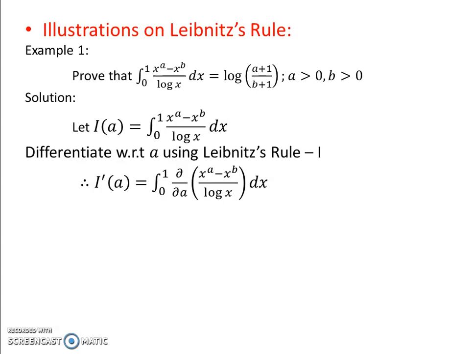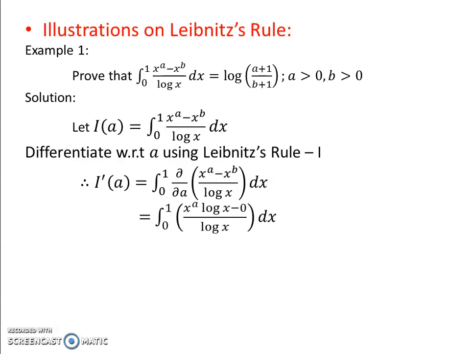This term we are differentiating with respect to a, where b is constant as well as x is constant, because we are differentiating partially with respect to a. The derivative of x raised to a with respect to a will be x raised to a into log x, whereas the derivative of x raised to b is 0.